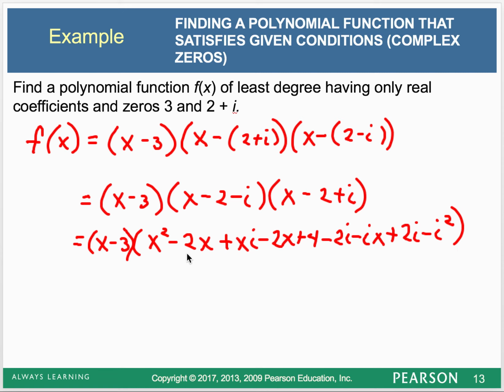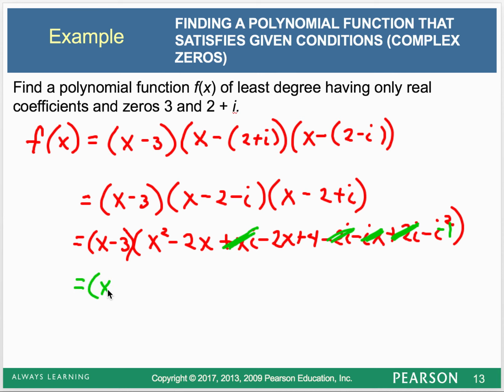Now, notice we have plus xi, minus xi. Okay, minus 2i plus 2i. And don't forget, anytime you have an i squared, that's negative 1.